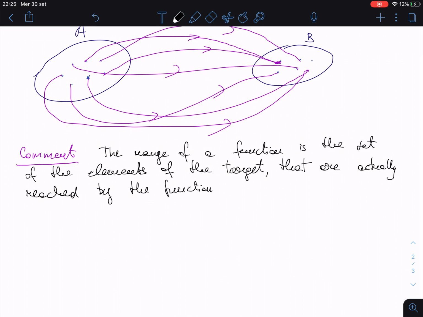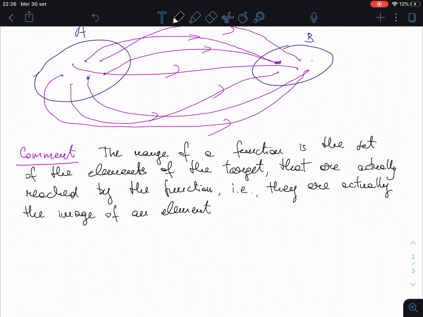In which sense? In the sense that they are actually the image of an element of the domain A. Okay, do you agree?